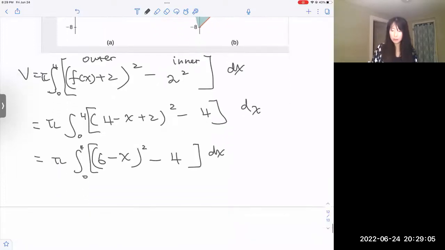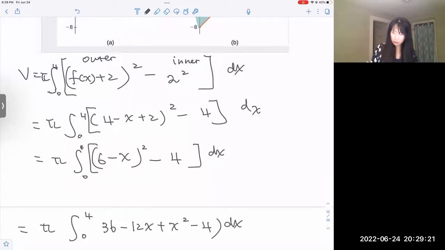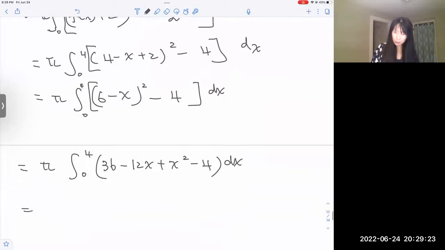All right, then look, pi from 0 to 4, 6 squared, which is 36 minus 12x plus x squared, and minus 4 dx. There will be pi, 0 to 4, 32 minus 12x plus x squared dx.